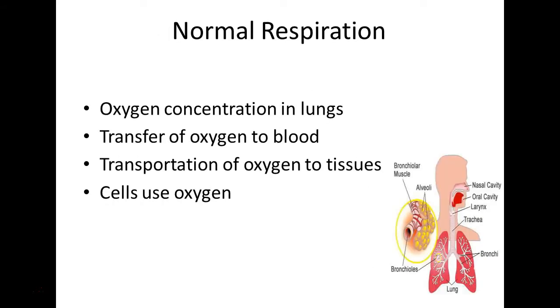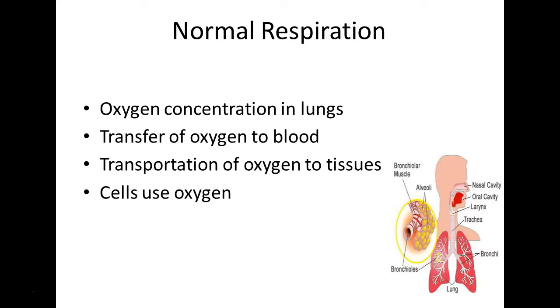Okay, so normal respiration. All of these things have to happen in order for us to have a quote-unquote normal respiration. Most of the oxygen that gets into the blood from the respiratory system is transported by hemoglobin to the cells of the body.